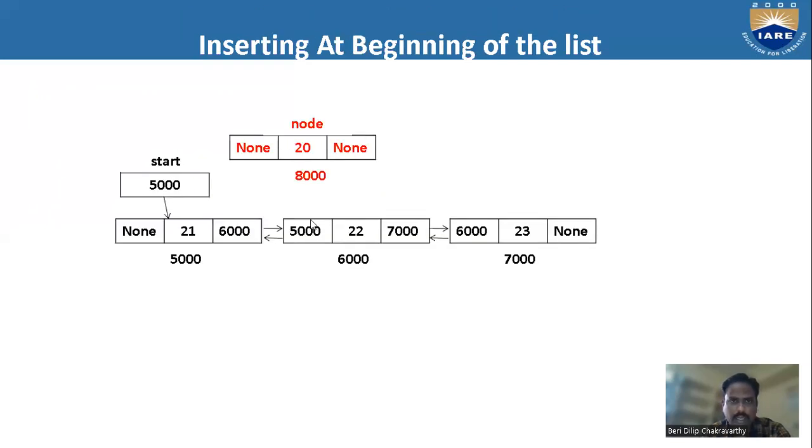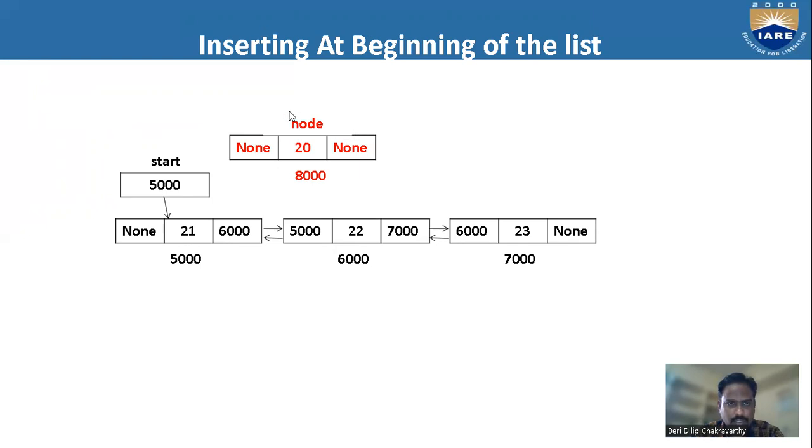In the second case, inserting at the beginning of the list, the list already consists of elements. Observe here, this is the first node, this is the second node, and this is the third node.